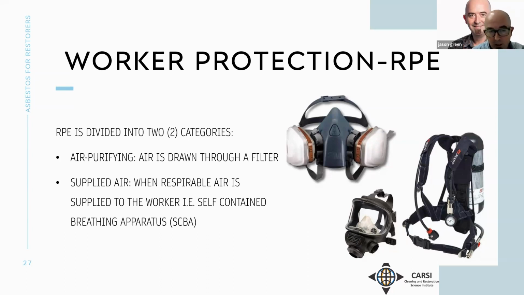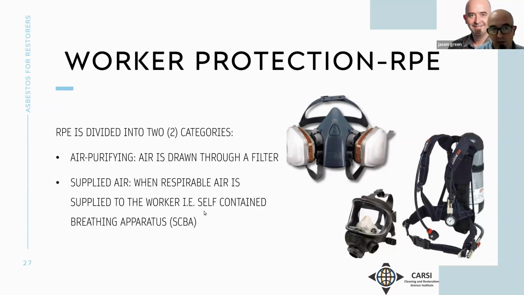When you're looking at respiratory protection, you've got two main categories. You might have air purifying respirators, which have filters on the outside, providing a negative pressure so that you're protected when you're breathing in. That could be a half-face respirator, which is essentially the minimum for an asbestos situation, or, if it's a much higher risk situation or a removal situation, a full face mask may be more appropriate.